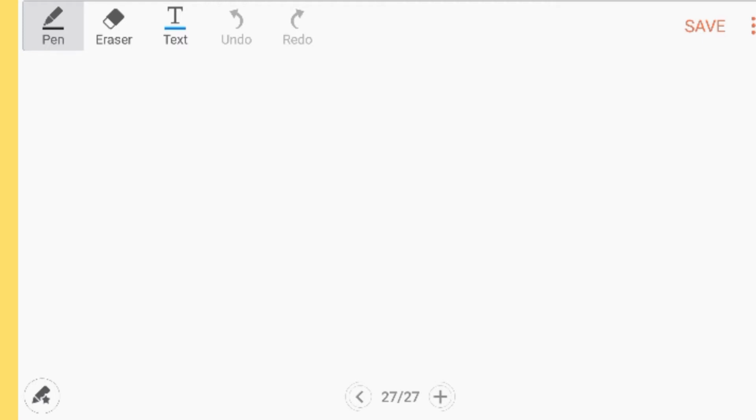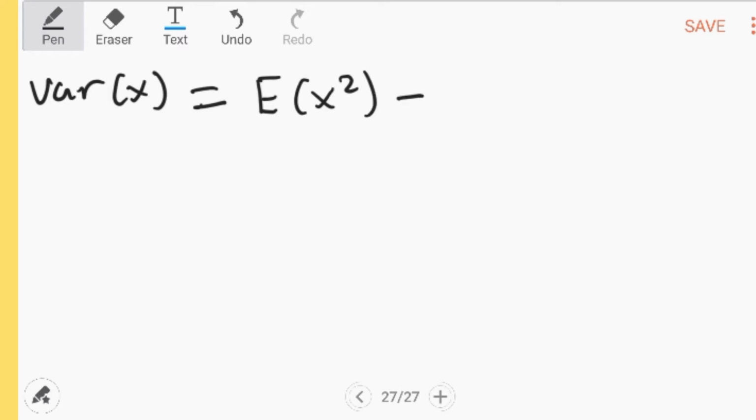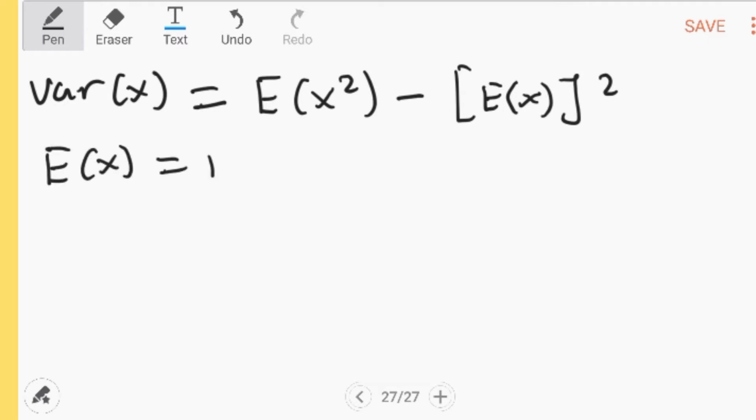Now recall that the variance of a random variable x can be written as the expected value of x squared minus the expected value of x all squared. We've been able to show that the expected value of x is equal to p in the previous lecture.